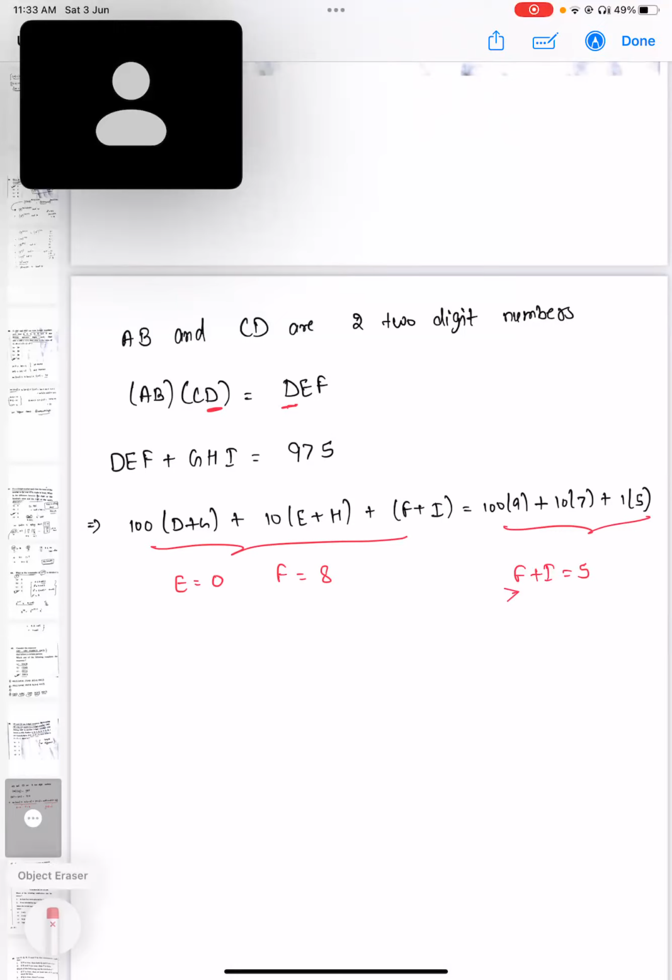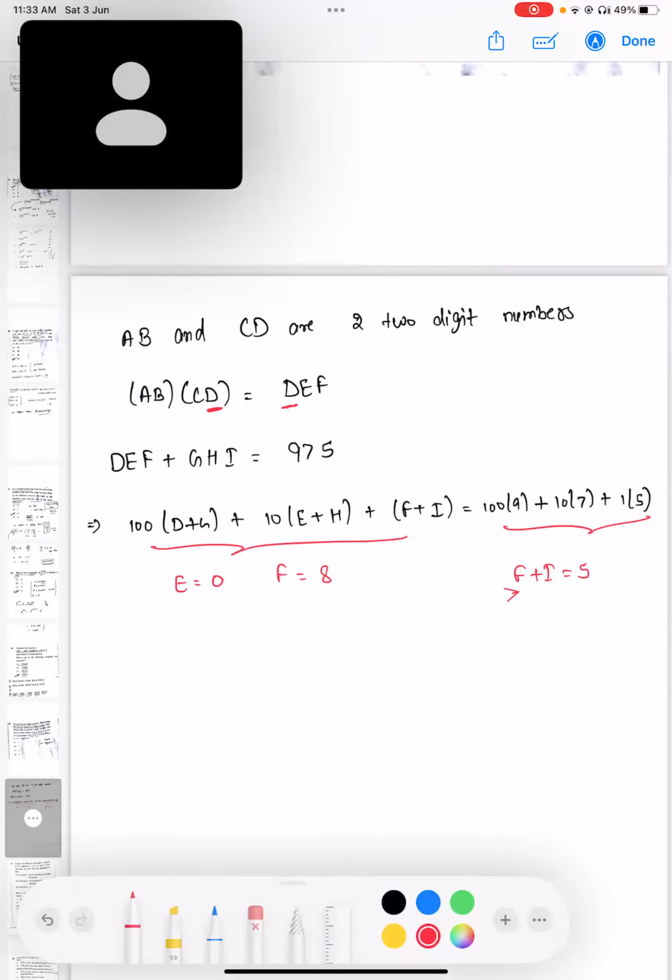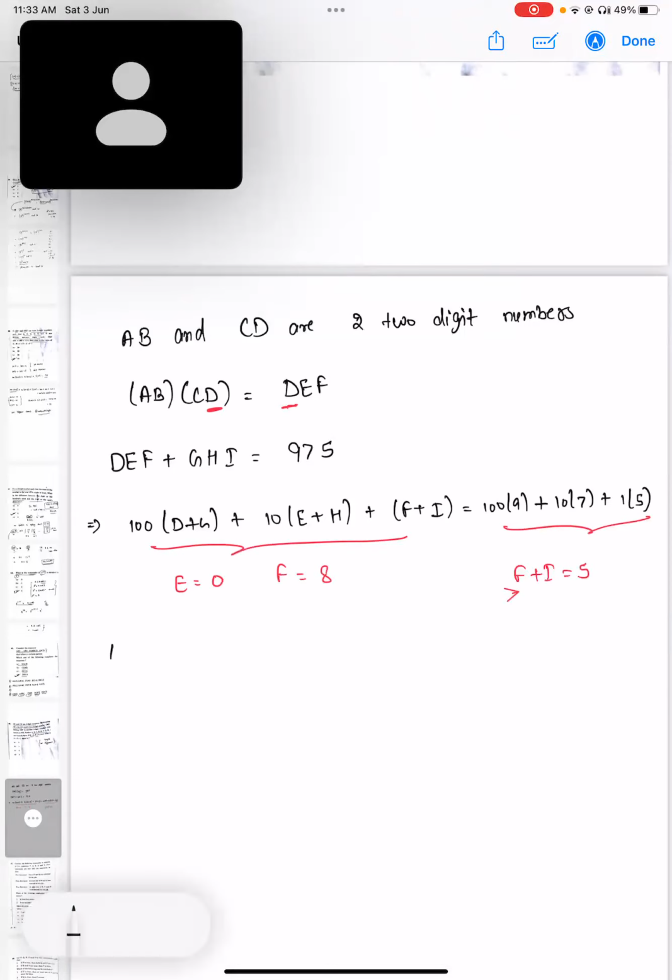So how can we write this? Let us write it as 100 times (D plus G) plus 10 times (E plus H) plus (F plus I) is equal to 100 times 9 plus 10 times 6 plus 15. Fine.